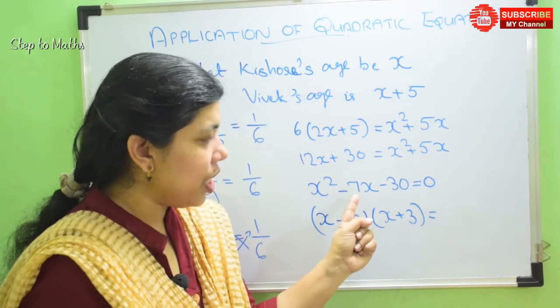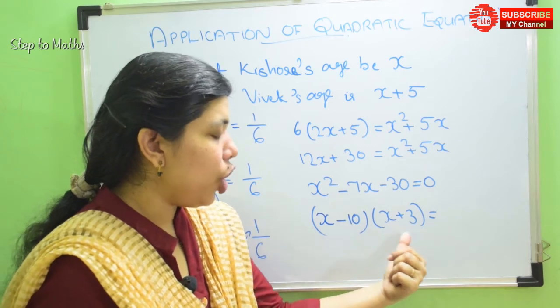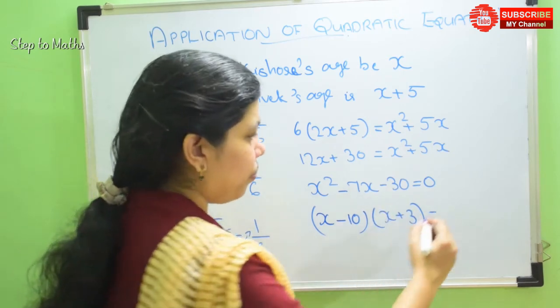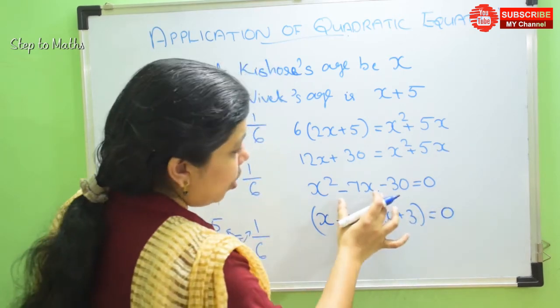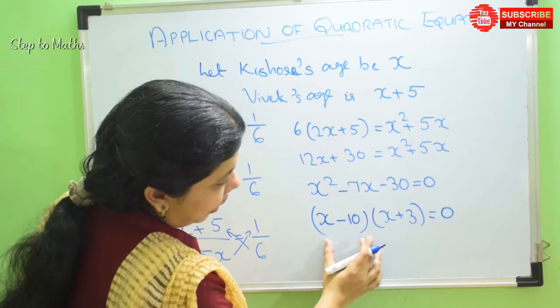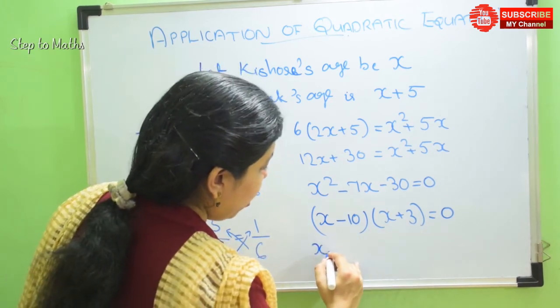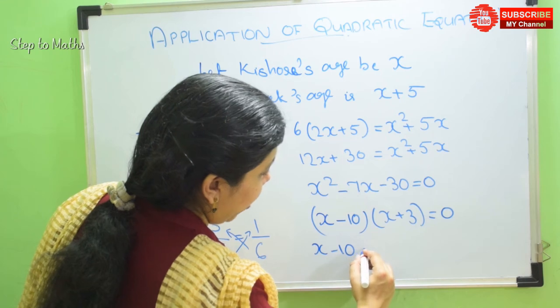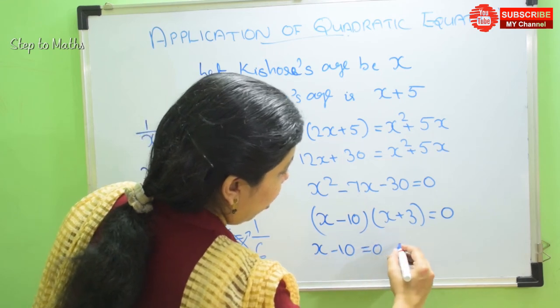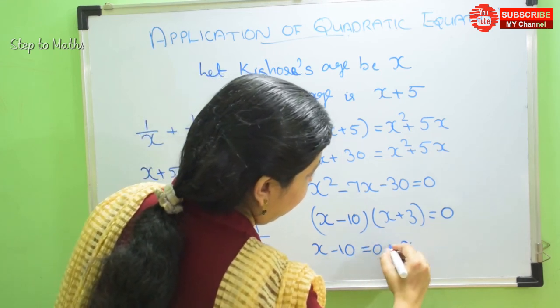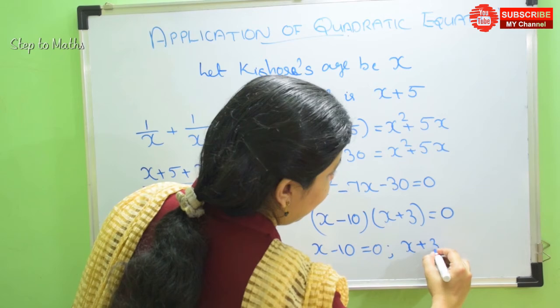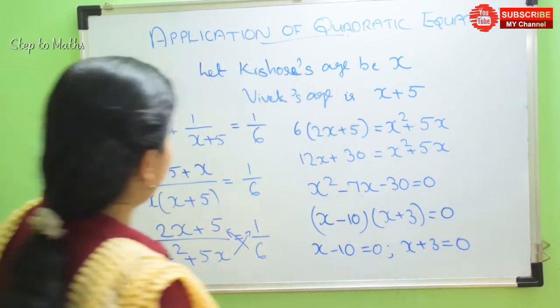Minus 10 plus 3 is minus 7 and minus 10 into plus 3 is minus 30. So its factors are x minus 10 and x plus 3. Now equate each term to 0. X minus 10 is equal to 0 and x plus 3 equal to 0.